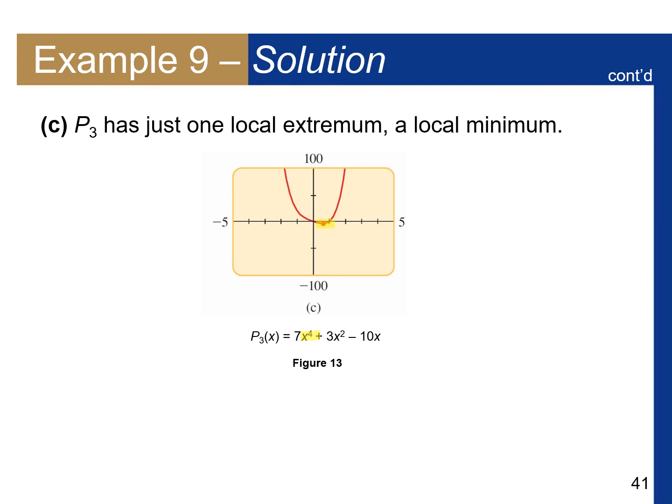So it could only possibly have up to 3 local extrema, but it only has 1, and that is a local minimum. And that's because of all this stuff after that causing changes.